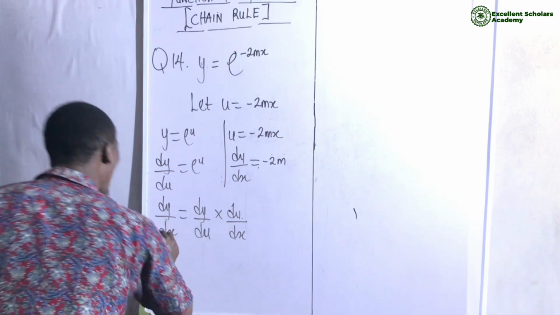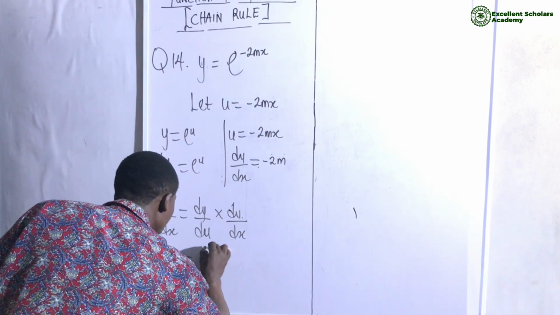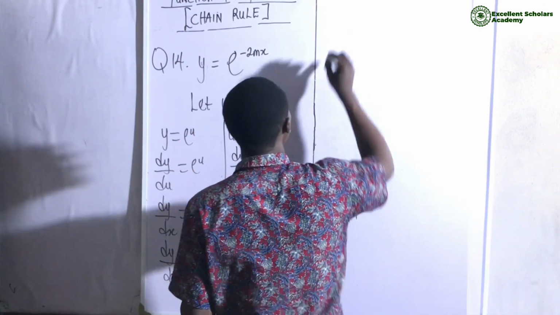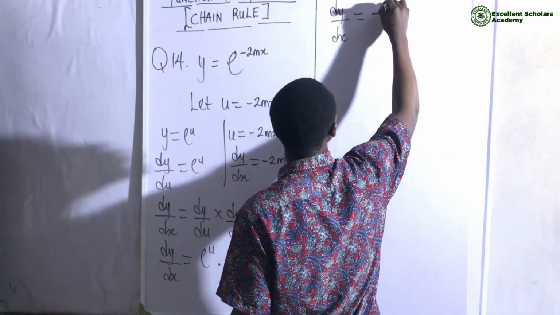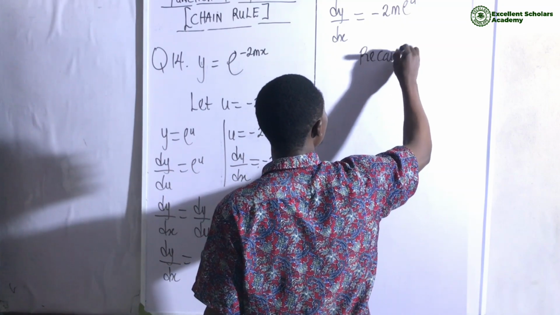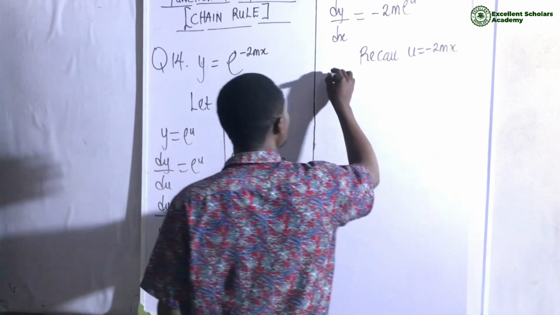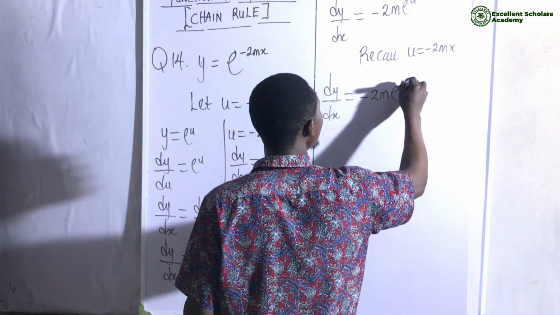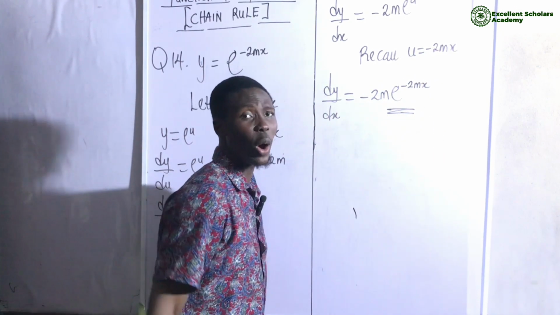So now our dy/dx is going to be equal to exponential u multiplied by minus 2m. So this becomes that dy/dx equals minus 2m exponential u. Now recall that your u equals minus 2mx. So your dy/dx here is going to be equal to minus 2m exponential minus 2mx. And this is going to be your answer.